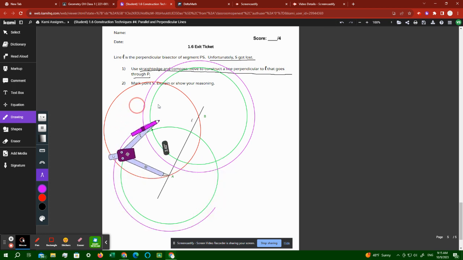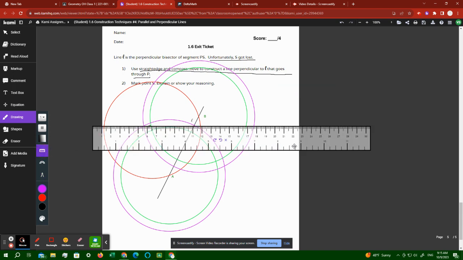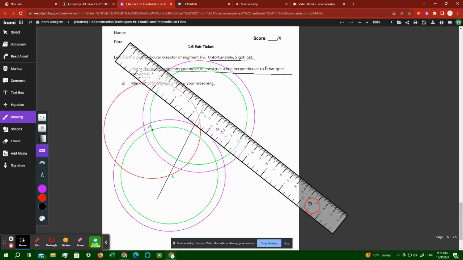So now it's not directly on that point, but if you notice, all are going to come through the same line, right? Because all those points are equidistant, right?